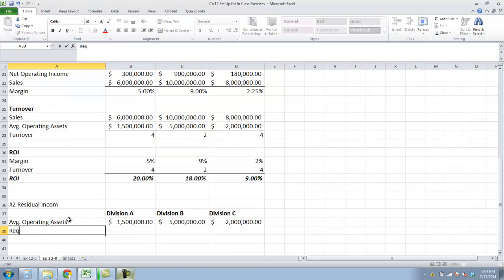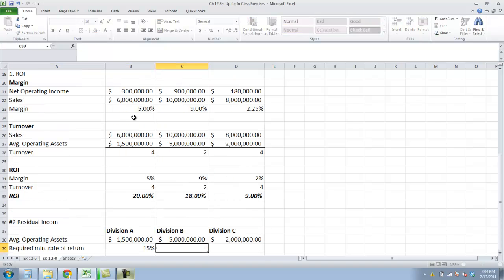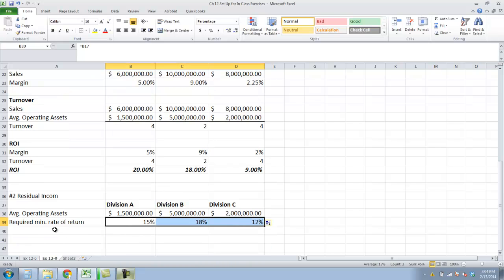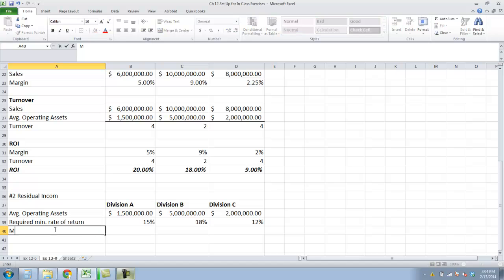And then we take the required minimum rate of return. And now we come up with a minimum required return. We multiply these two numbers, or multiply the average operating assets by the required rate of return.